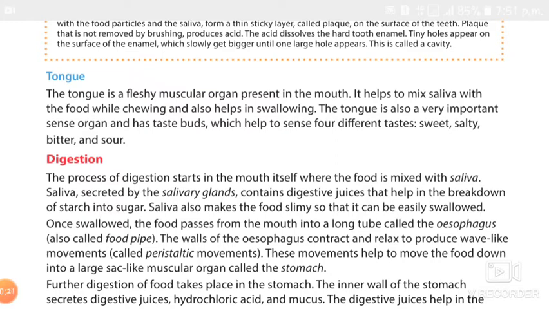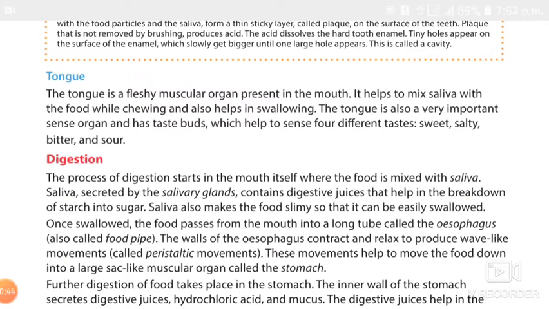Then through the esophagus the food passes. The esophagus is a muscular tube. It connects the mouth and the stomach. The food cannot move on its own, right?